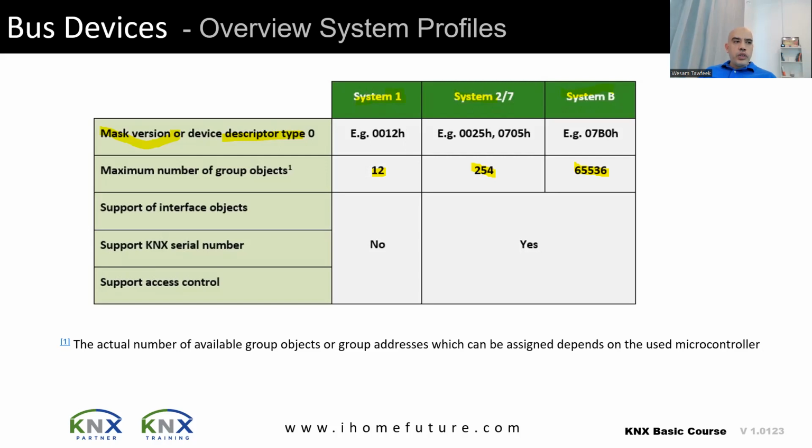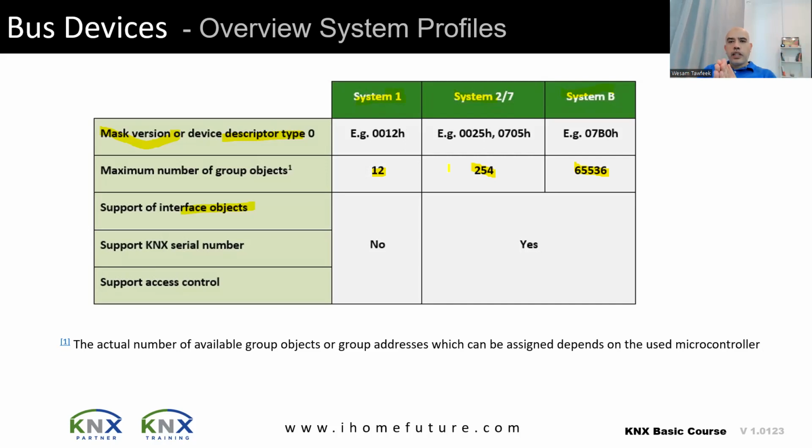Then in those new systems, three new things were introduced. First, you have the interface objects, and this is also a programming hierarchy or structure that allows different manufacturers to interface devices together. We'll talk about them in detail, but for now you have to know that there's something called interface objects. If I'm putting a button, let's say from Gira, and I want to control a relay from, let's say, Schneider or ABB, there should be an interface object, a programming unit telling me that this one can interface with, can talk to, this one.